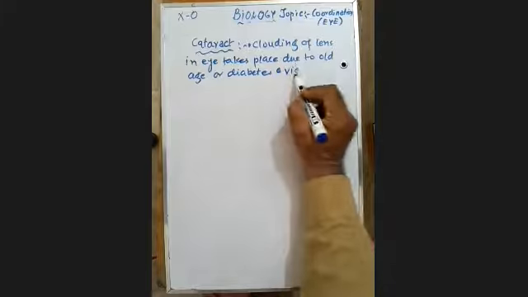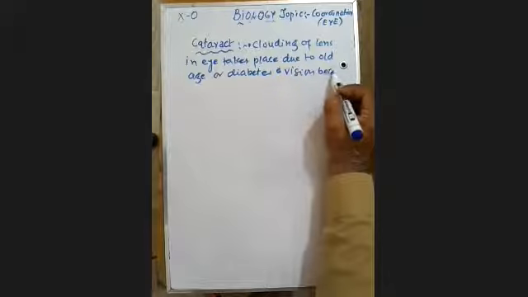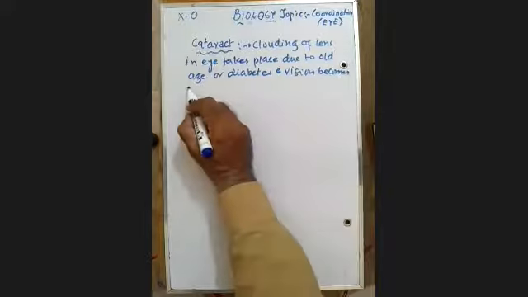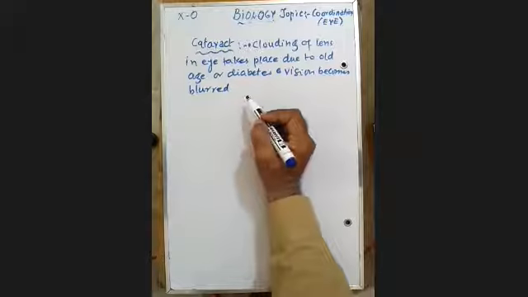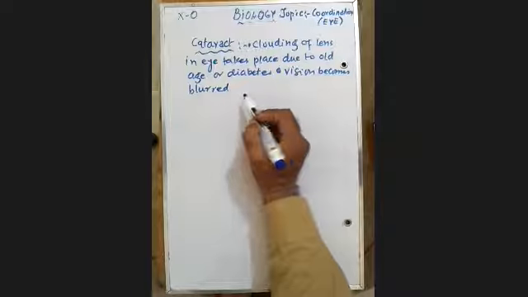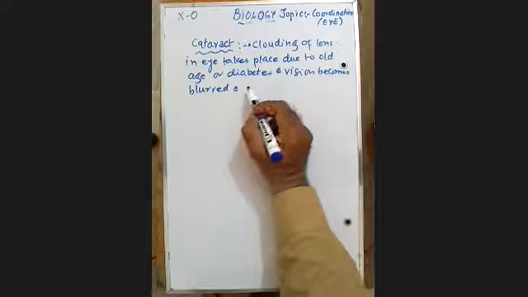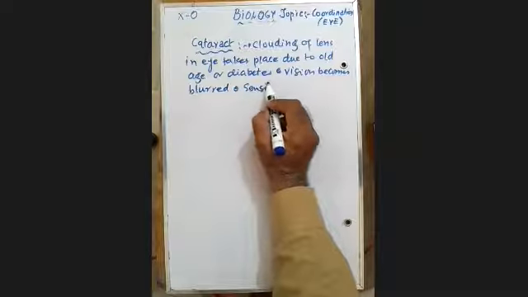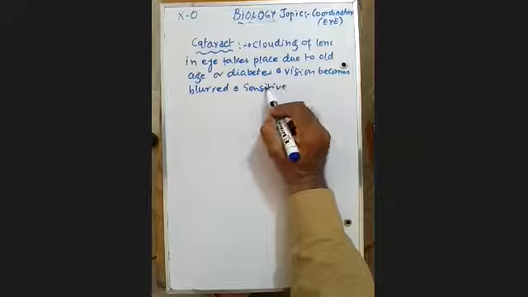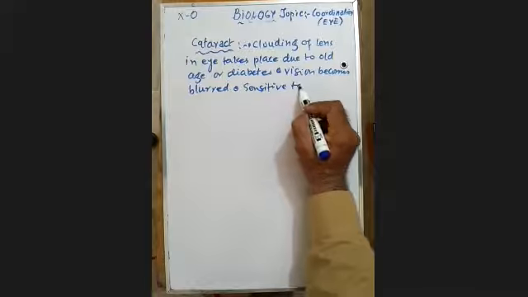Vision becomes blurred. The person becomes sensitive to bright sunlight.